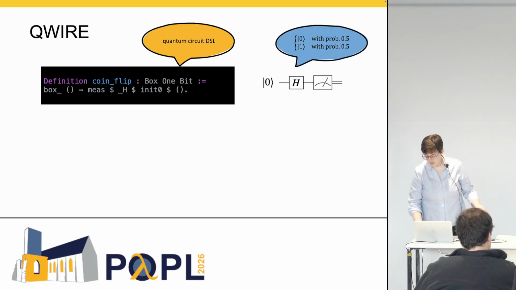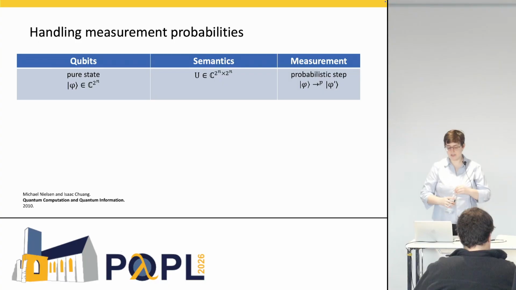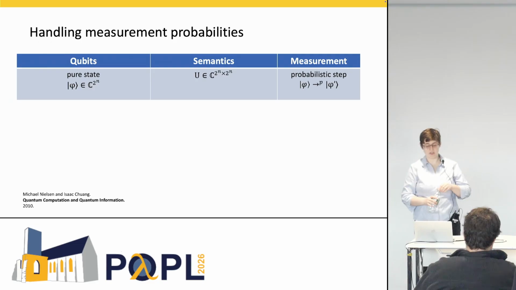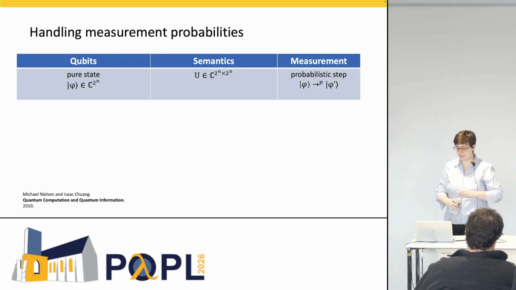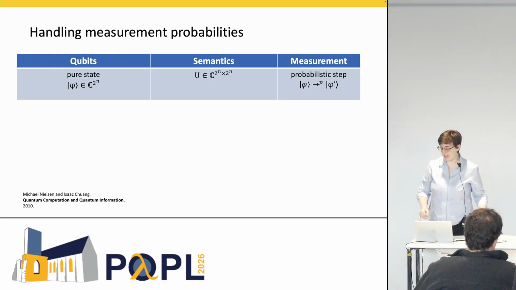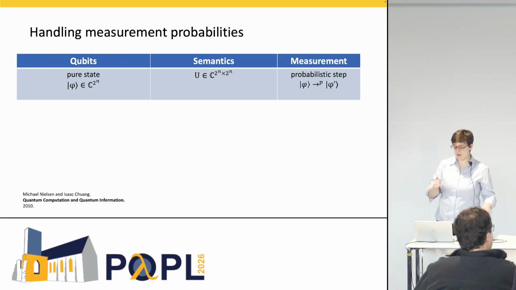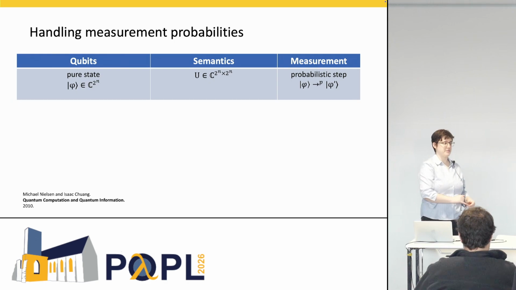Well, I'm sorry to say that the simple semantics that I showed you like 2 slides ago is not the semantics that we're using in this situation, and the reason is that it requires probabilistic steps.